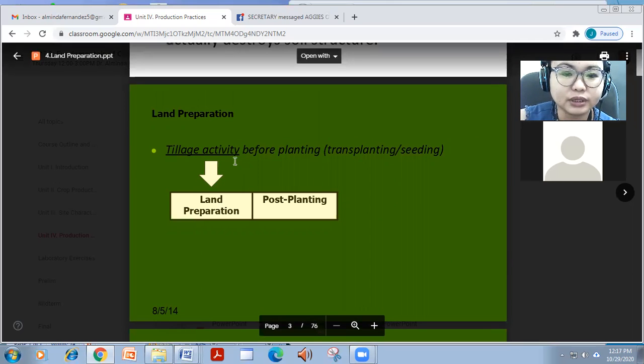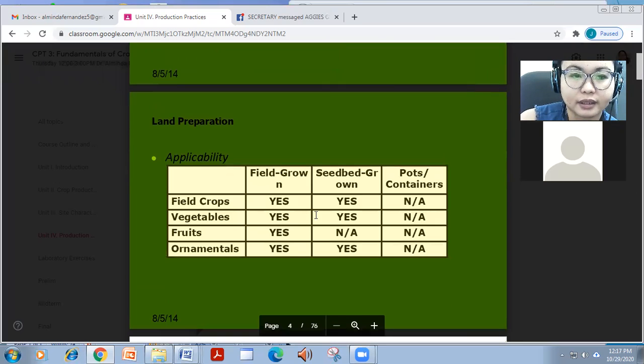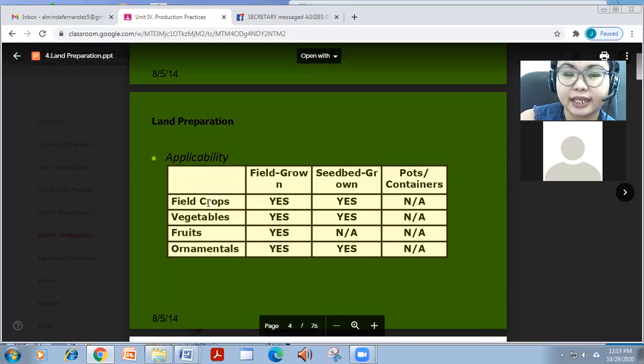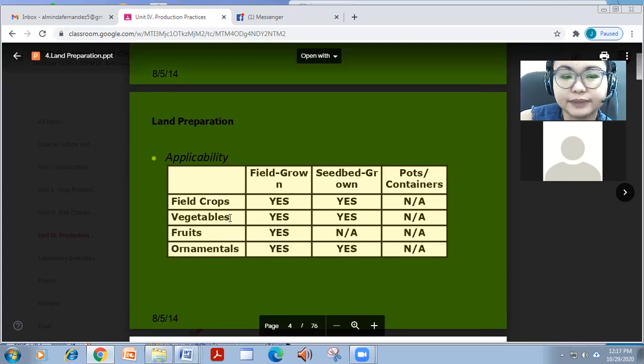Before you plant, of course, as you have said, Oliver, whether transplanting or seeding, you have to prepare the land first. You have to identify first its applicability, whether it's good for field crops, vegetables, fruits, and ornamentals.